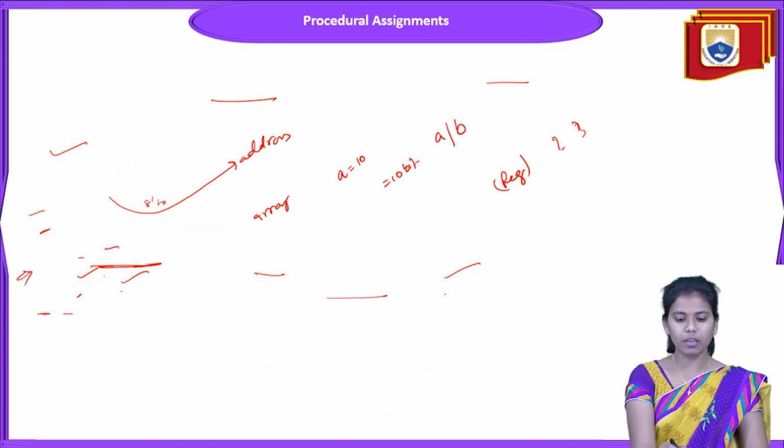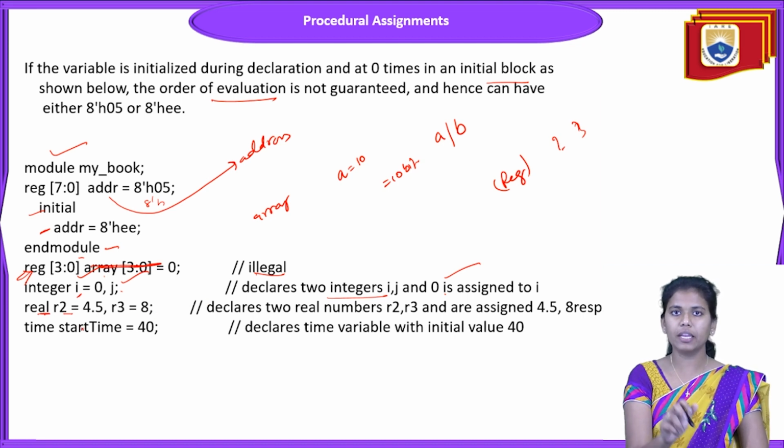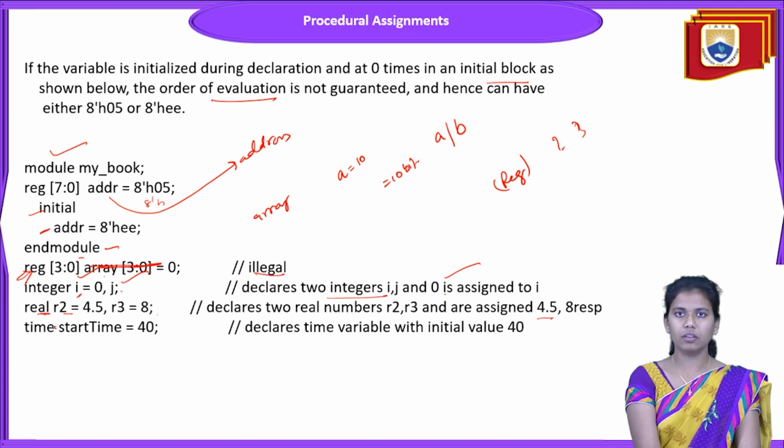So in this particular figure, I am representing real r2. That means real numbers r2 is 4.5 and r3 is 8. So here I am declaring 2 real numbers, 4.5 and 8 respectively, and storing these real values in the real variables.